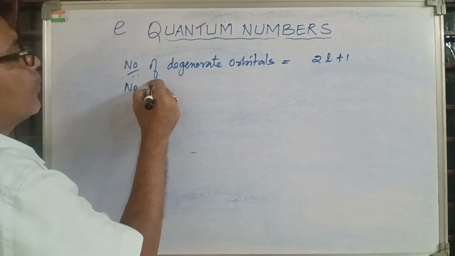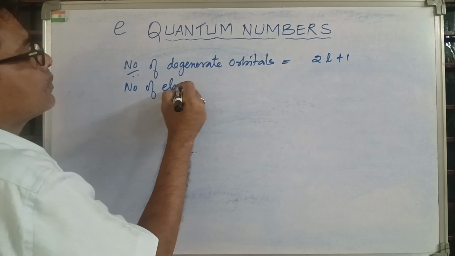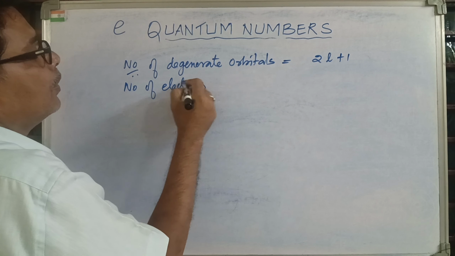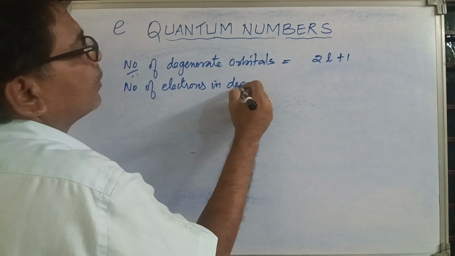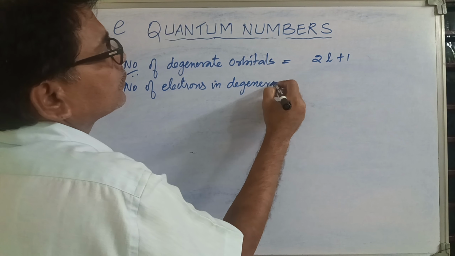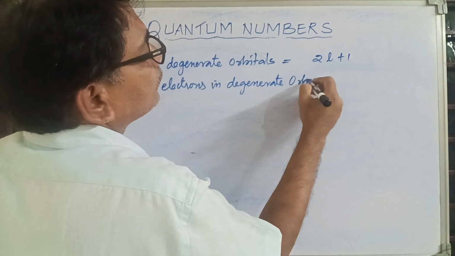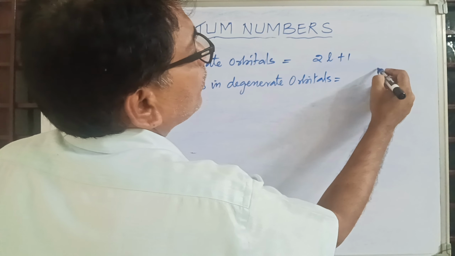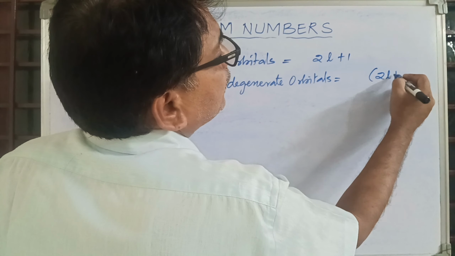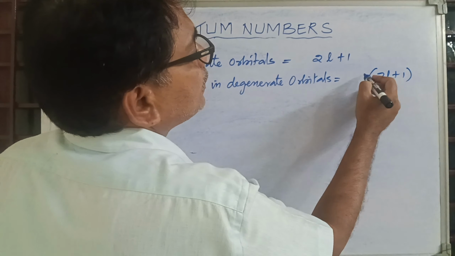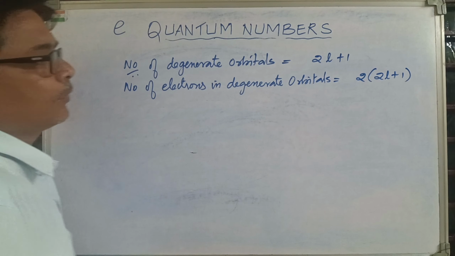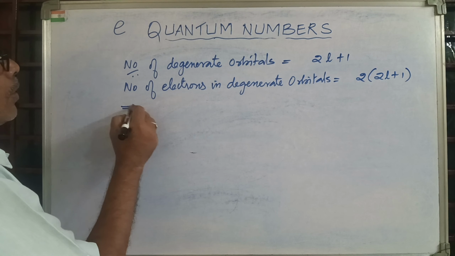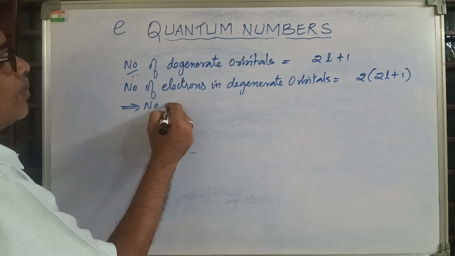Same way, for the number of electrons in degenerate orbitals, what is my formula? The degenerate orbital formula remains as it is, times 2. Now there is one more formula to find the number of electrons in the orbits.